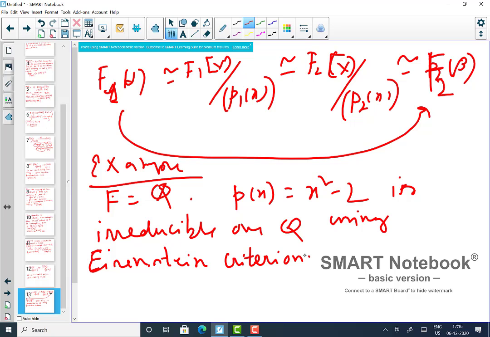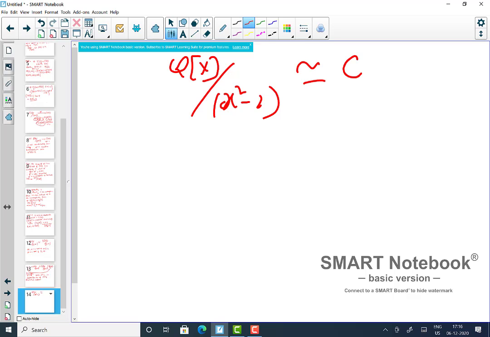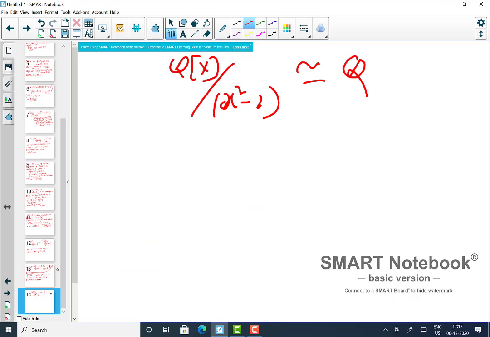Then you can talk about what that field is. So the field Q[x] modulo x^2 - 2 will be isomorphic to some simple extension. What is that extension? It is Q with a root of this polynomial. And you see that in an extension field of this, it has a root which is root 2. So it is actually of this form, Q(root 2).